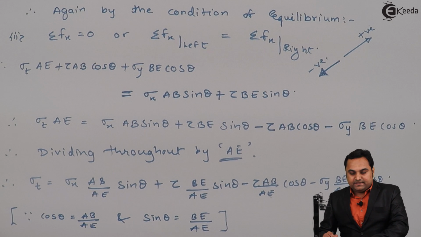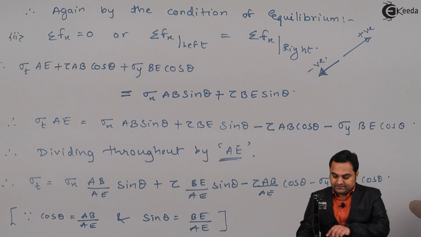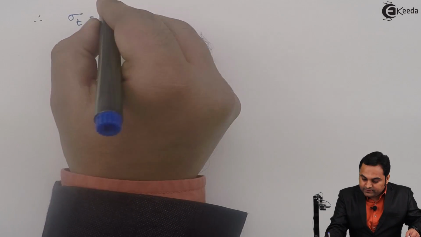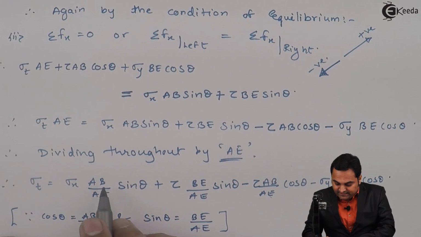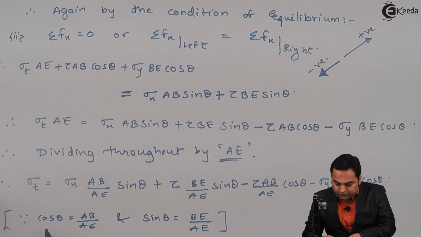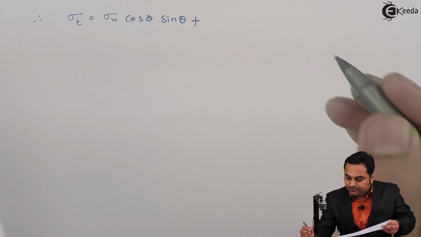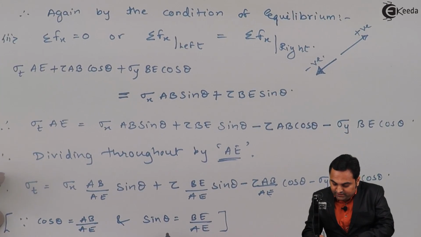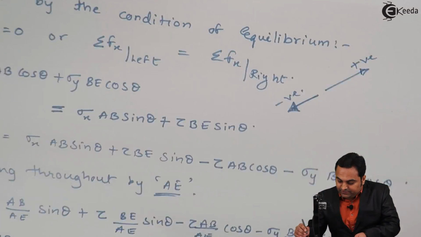So here I will replace AB upon AE with cos theta, BE upon AE with sin theta, and writing this equation again. So I have sigma x will remain as it is. AB upon AE, that is cos theta, plus here we have tau BE upon AE, in place of that sin theta into sin theta.